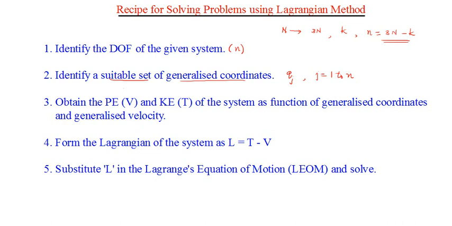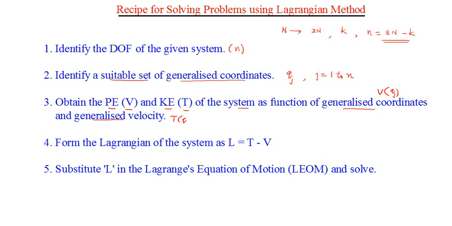Then once this is done, the rest is purely mechanical or mathematical. Obtain the potential energy V and the kinetic energy T of the system as functions of generalized coordinates, meaning V as a function of generalized coordinates qj, and T as a function of the corresponding conjugate generalized velocity qj dot.